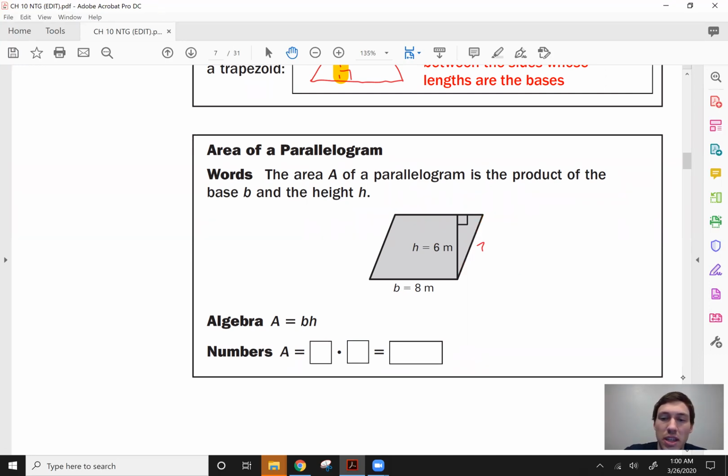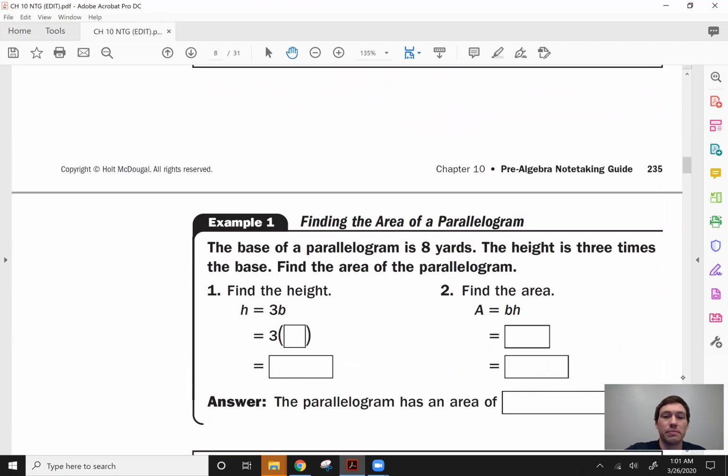It's the perpendicular distance. This is what we want. That's your height. So in this case, area would just be 8 times 6, which is 48 meters squared. So that's the area of that parallelogram.